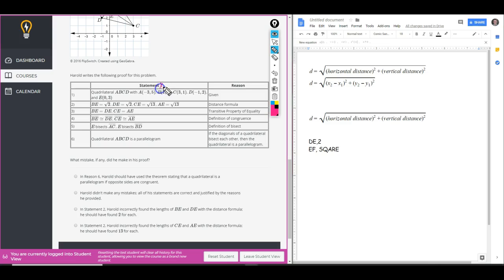B would be our x1, y1, and E would be our x2, y2. When we do our horizontal distance, that's the difference between our x values, so 0 minus 1, being squared, and our vertical distance is the difference in our y values, y2 minus y1, so 3 minus 4.